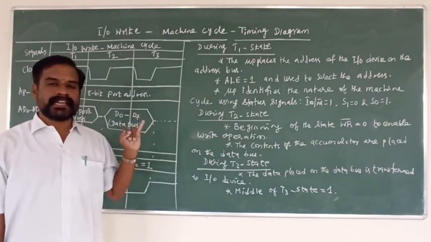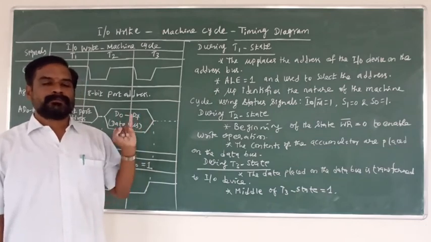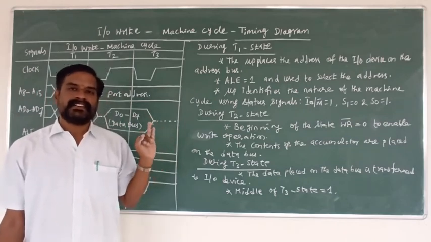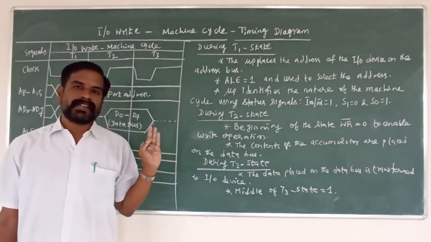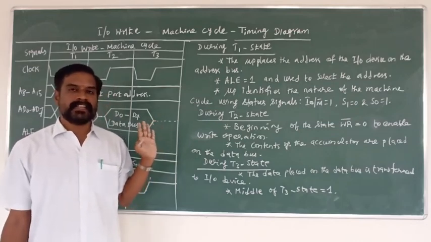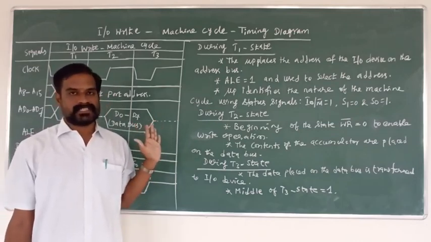The opcode is 8-bit. Memory read requires 3 T states, memory write requires 3 T states, input output read 3 T states, and input output write 3 T states.